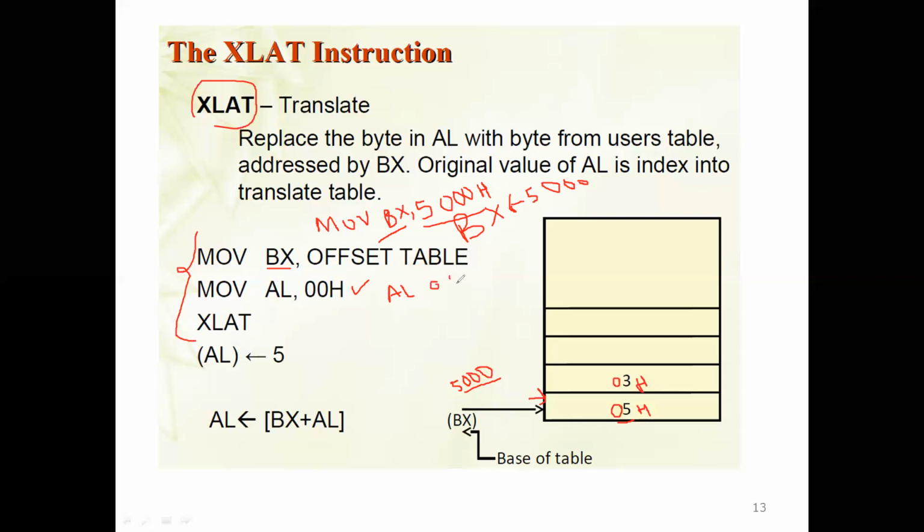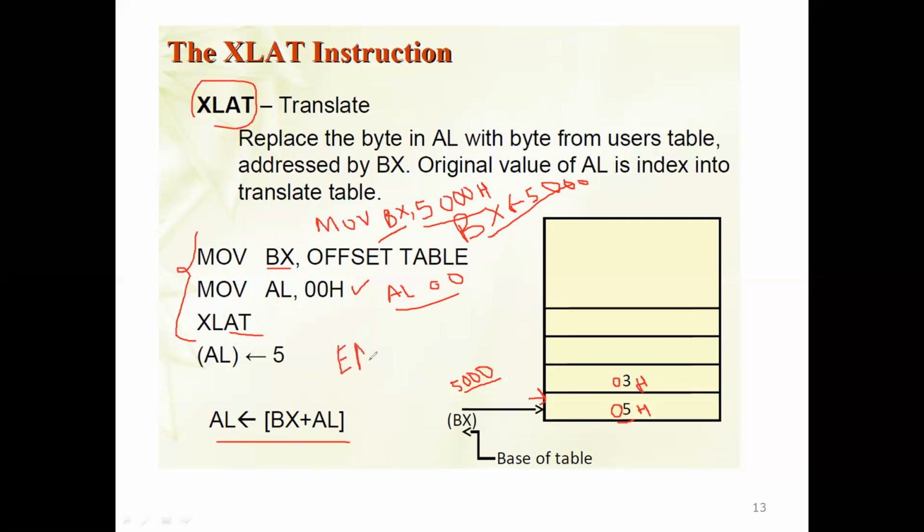Now if we use XLAT, this is the detail of the XLAT instruction: it will add the content of AL with the content of BX. The content of AL and the content of BX together will form the effective address.